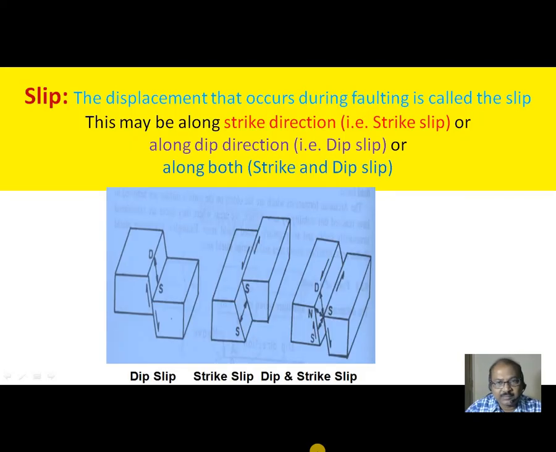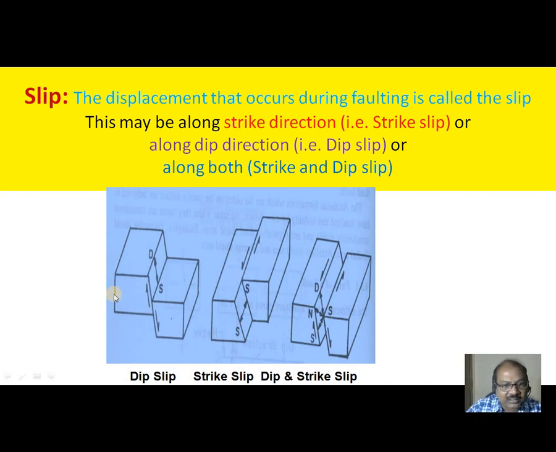Slip. The displacement which occurs during the time of faulting is called slip. So this slip may be along the strike direction, in such a case we call it strike slip.